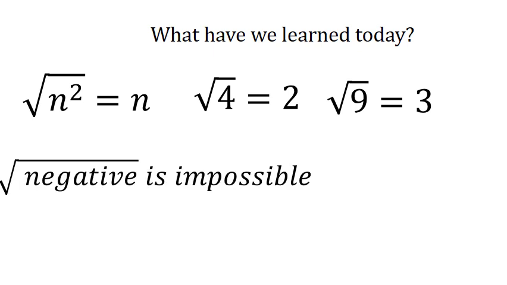And we have said that radical of a negative integer or negative number is impossible. It does not exist. For instance, radical of -8 does not exist, or radical -1.